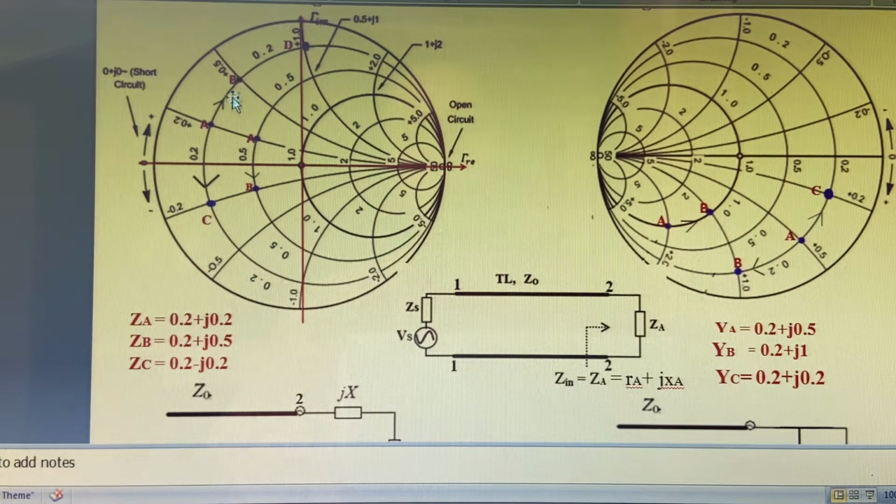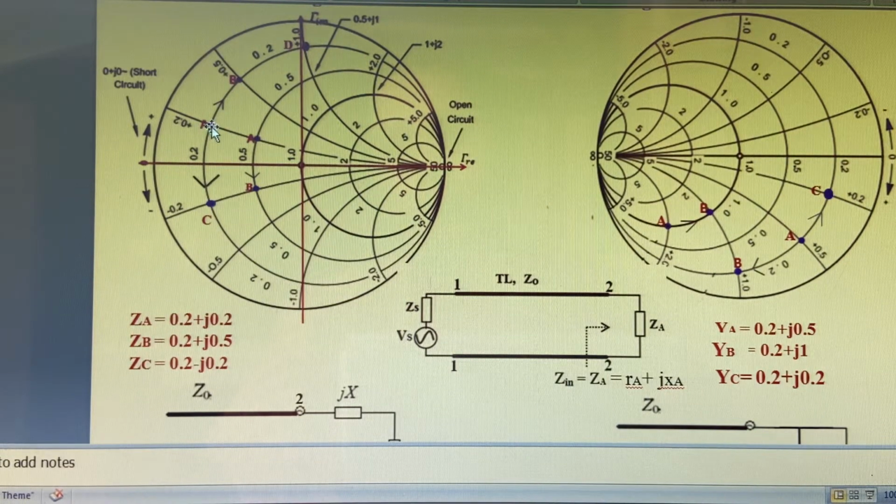So moving from A to B in the clockwise direction, as shown by this arrow, the reactance increased. Increased means it is nothing but adding a series inductor. So like that, moving from A to B, we can treat it as the addition of a series element along with the existing impedance.